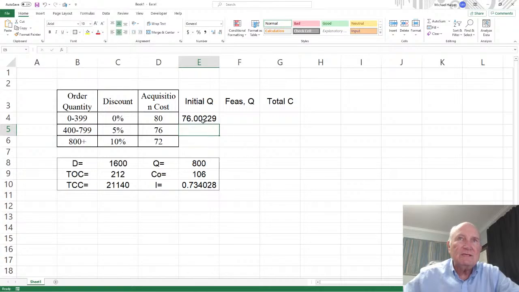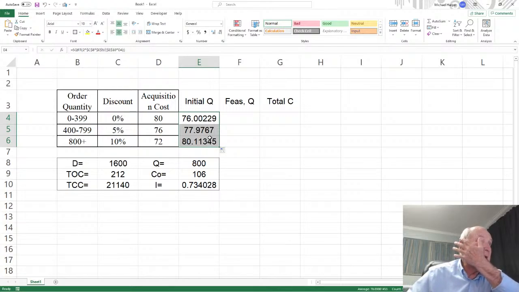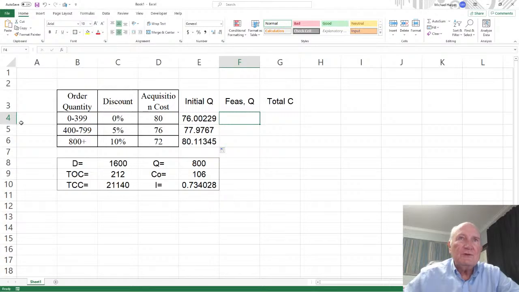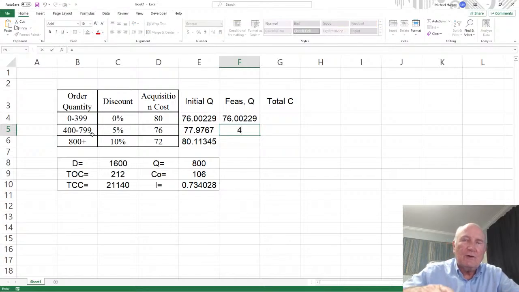And so it's going to be 76 items, 77 and 80, right? My feasible Q, well, this is in the range, so they equal 76. This is not in the range, I want 400, and this is 800.